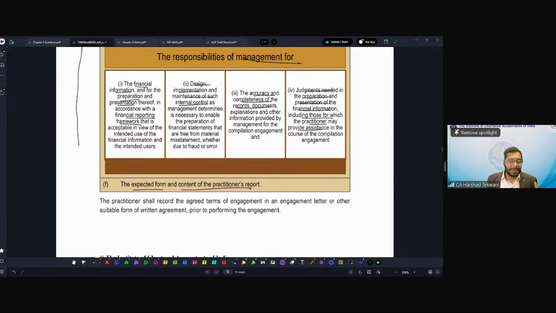For example, I may say, compile the revenue from operations on a monthly basis based on different segments. Prepare a segment reporting for me. I'm the management, and I ask you to prepare or assist me in the segment reporting. I can give you 10 different files of information, but what segments are there? Which is an identifiable segment?